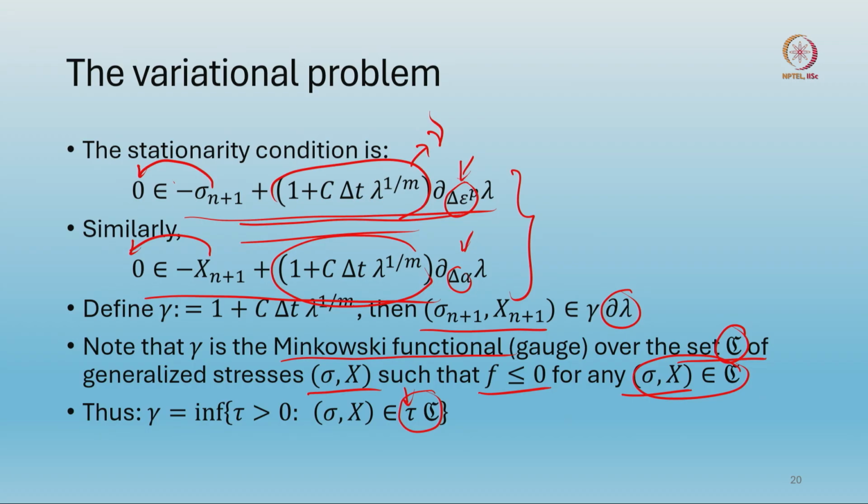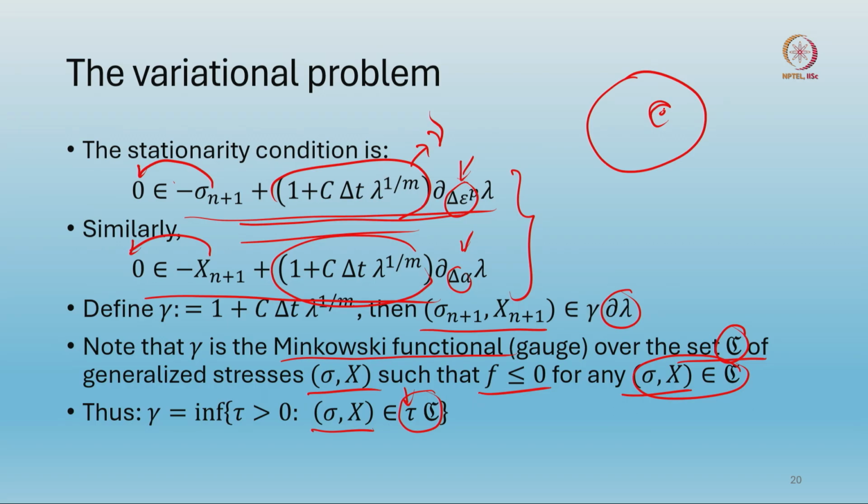The original yield set is spherical. The factor by which you have to multiply that sphere is basically the overstress, that is beyond f equal to 0, and so your gamma is basically that particular overstress that corresponds to the current stress levels. You understand? So what I mean is that this is my, let us say, script C, okay.